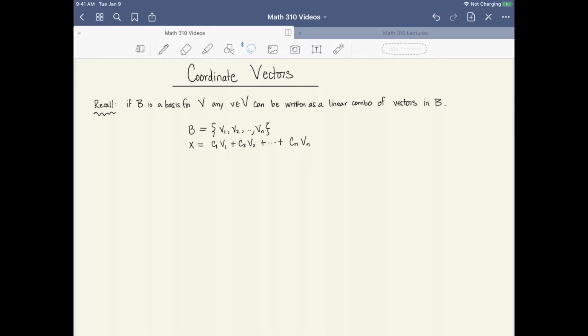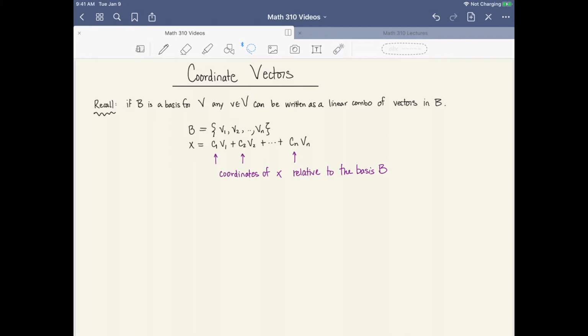Well, when you have an expression like this for x in terms of v1 through vn, the coefficients of that expression, those c1s and c2s and c3s and cn, those are called the coordinates of x. And because it's so special to this basis B, it's relative to the basis B. The coordinates are meaningless without having that basis as well.